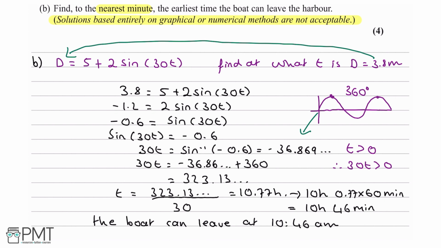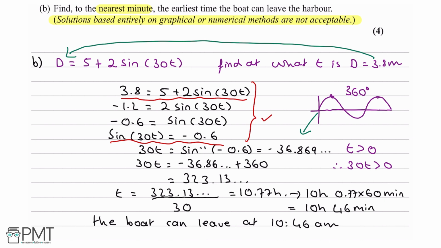As for the marks for this question, you get your first mark for getting that 3.8 equals 5 plus 2 sine 30t, so this line, and then getting all the way down to this line over here. So this entire section will get you your first mark, like that.